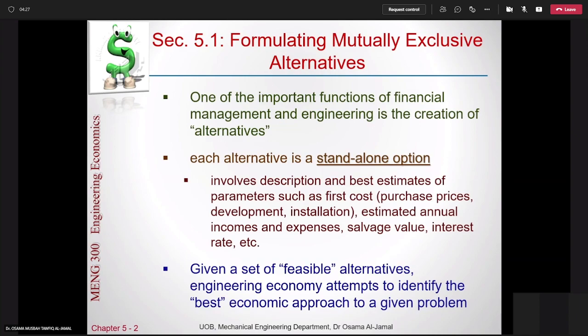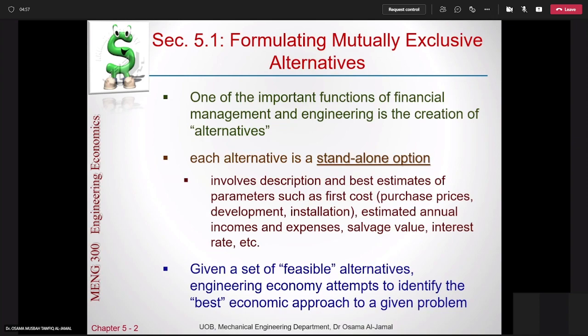Formulating mutually exclusive alternatives. One of the important functions of financial management and engineering is the creation of alternatives. I'll give you an example. If you want to have a contract with one of the telecommunications companies, Betelco, STC, Zain, you are going to take only one contract, one line for your mobile.